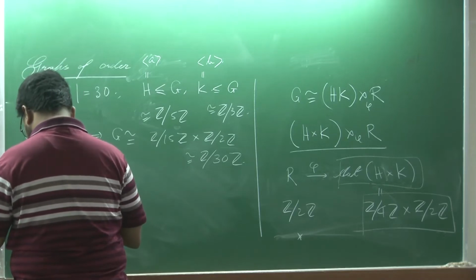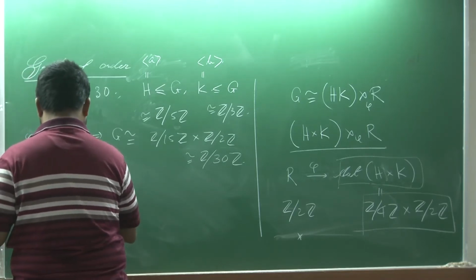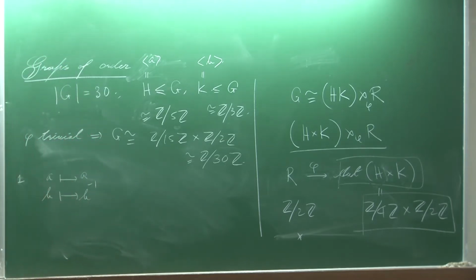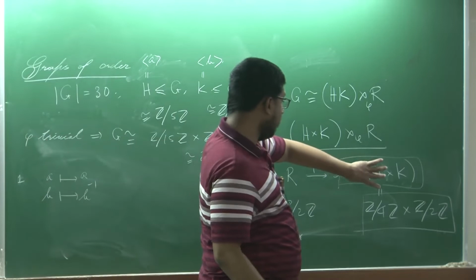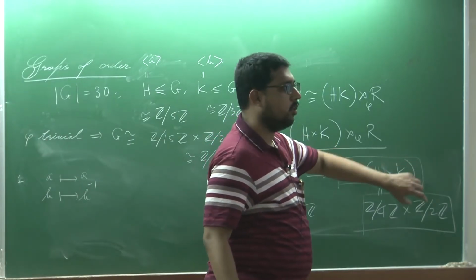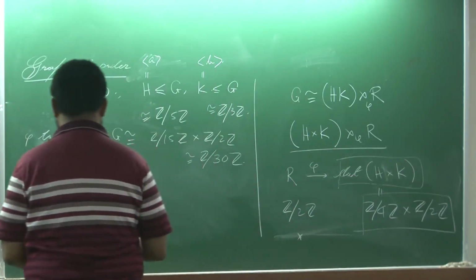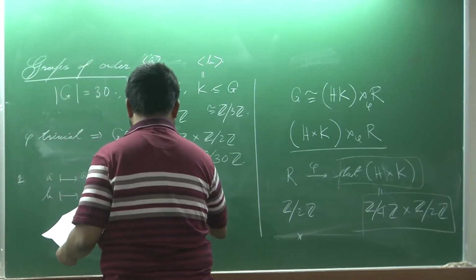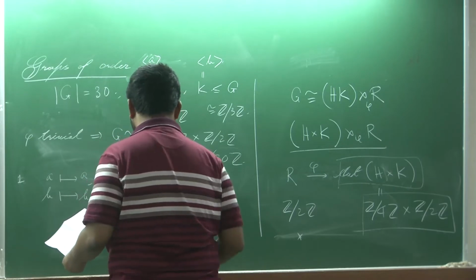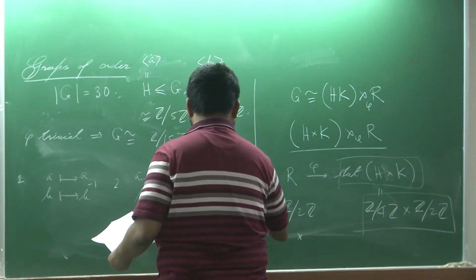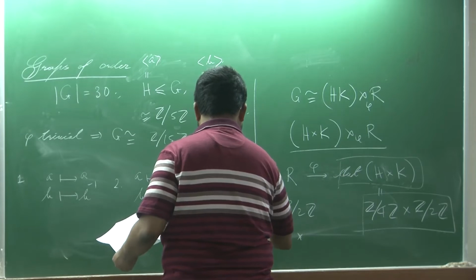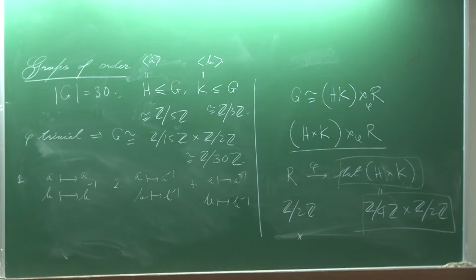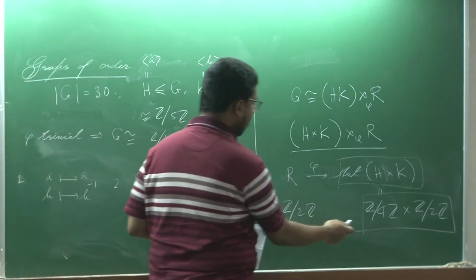So the first possibility is A goes to A and B goes to B inverse. That is the identity automorphism of H and the inversion automorphism of K. So this is one possibility. The second one is simply it swaps, and the third one is, so we have these 3 automorphisms of H cross K.